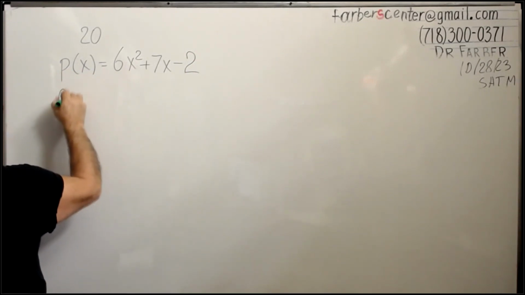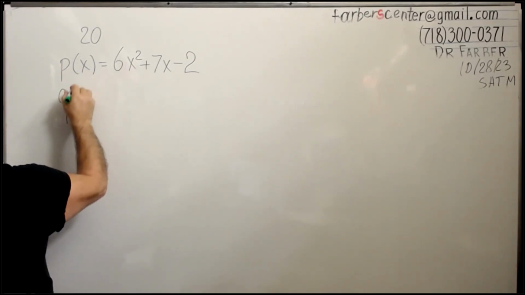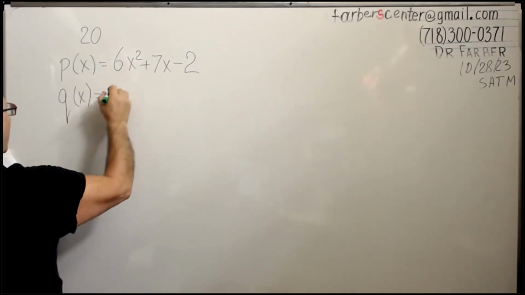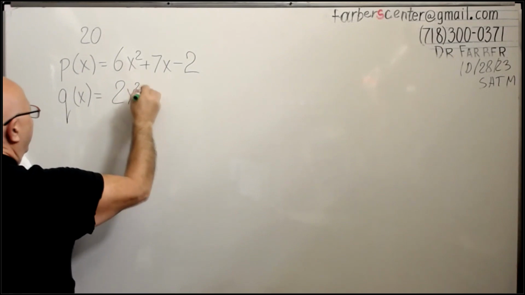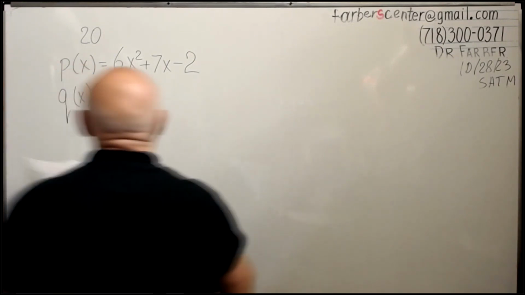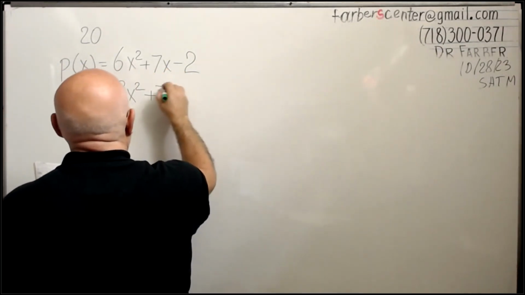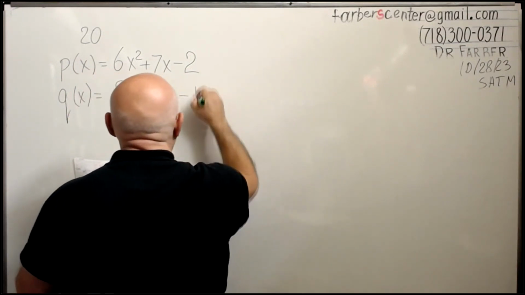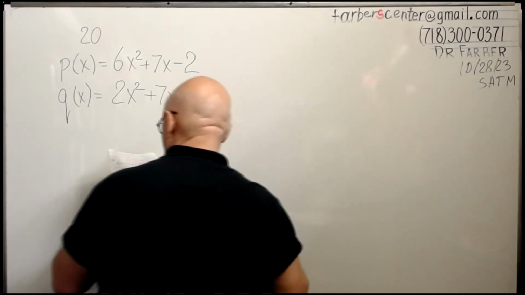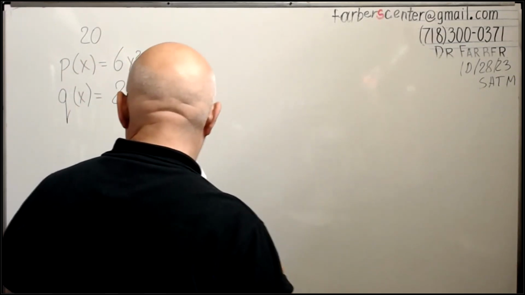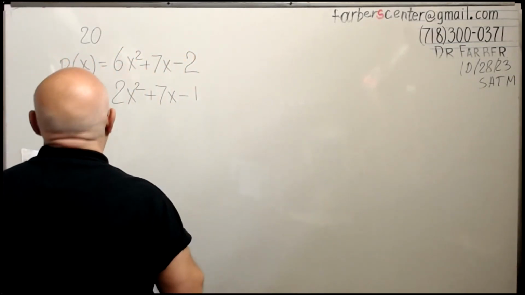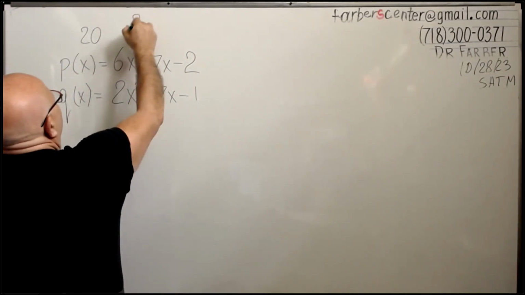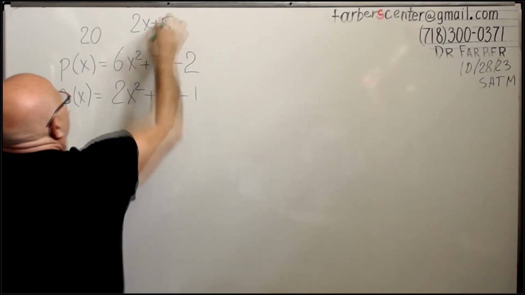And q of x equals 2x squared plus 7x minus 1. And they give you is divisible by 2x plus 5.